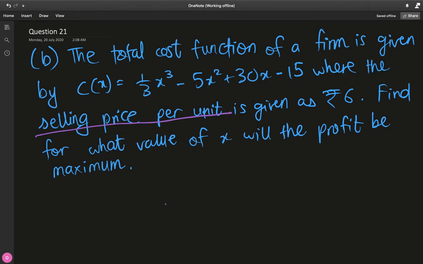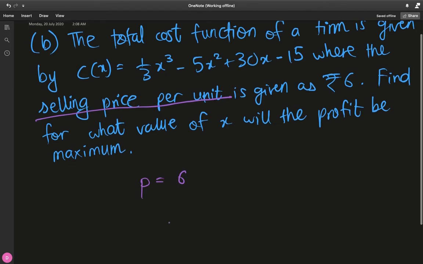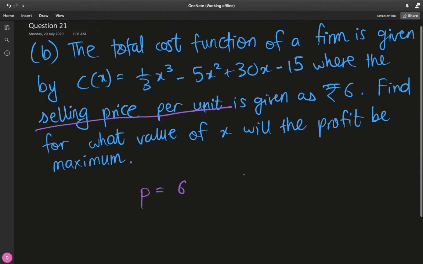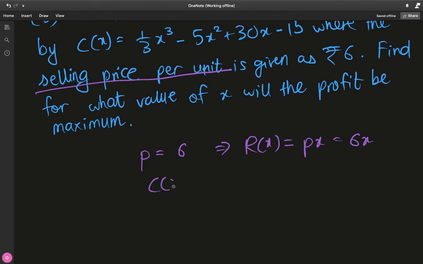So let's first write the data. Selling price per unit is actually referring to the demand function. So small p is 16. And using that we can find the revenue function, because that's demand times x, so 16x. And we know the cost function to be 1/3 x cubed minus 5x squared plus 30x minus 15.